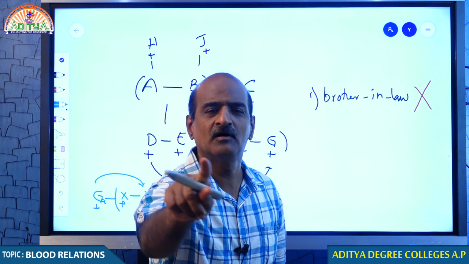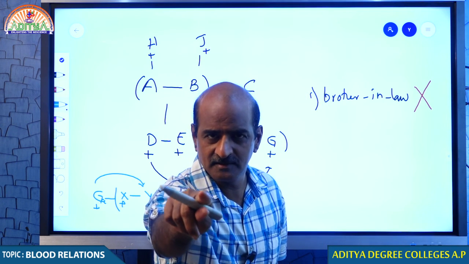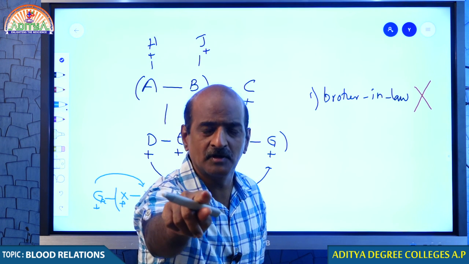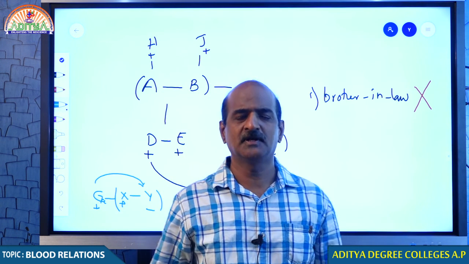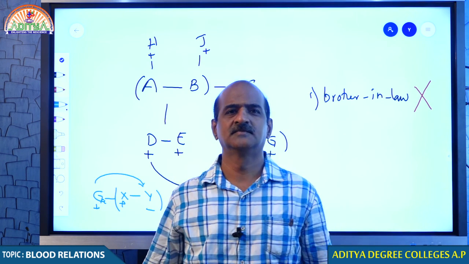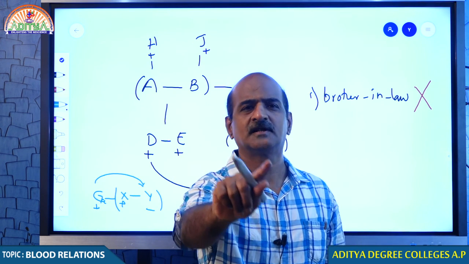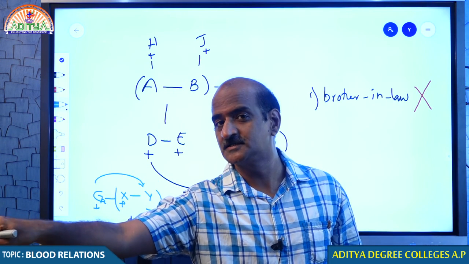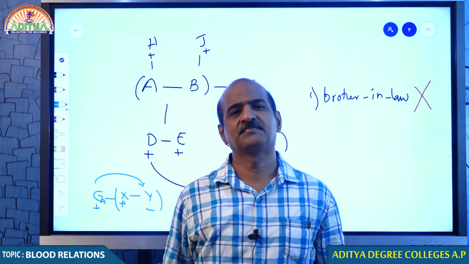Students, if you are the only son or only daughter in your family, if you happen to be the only son, you will never be brother-in-law from your sister's side because you don't have a sister.